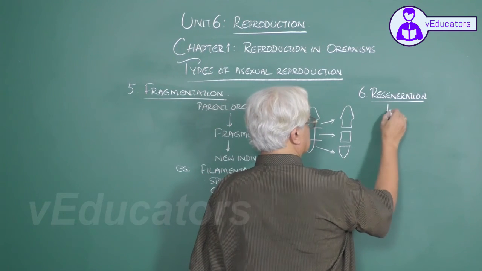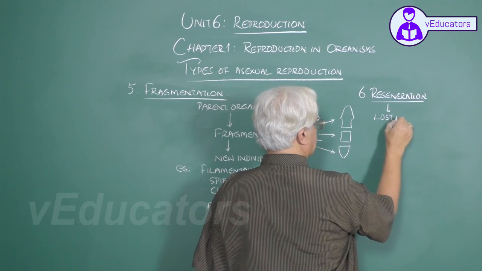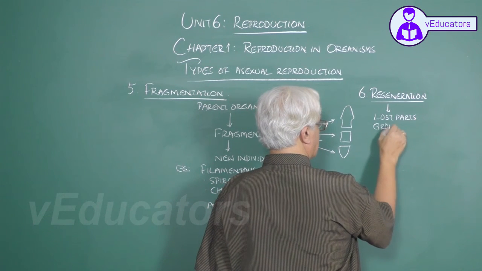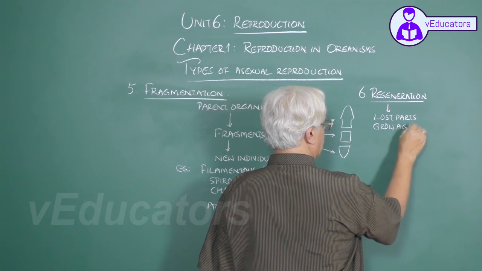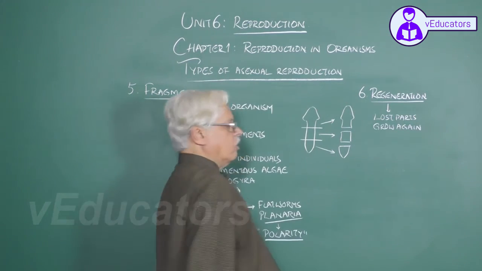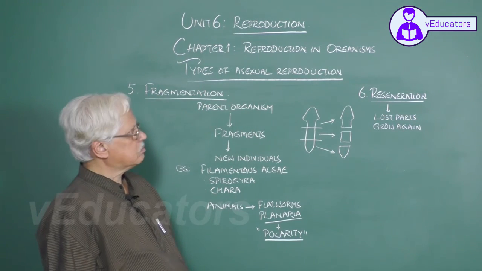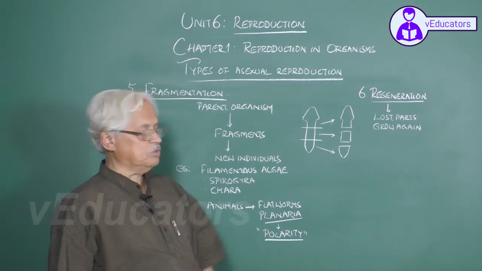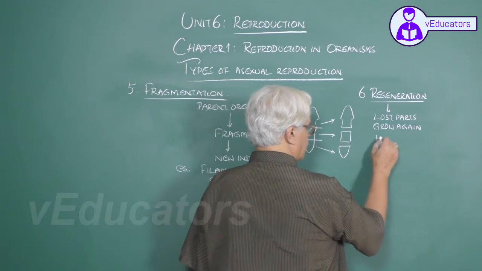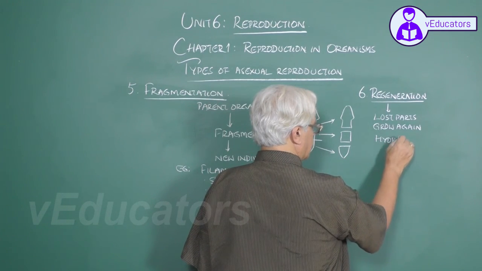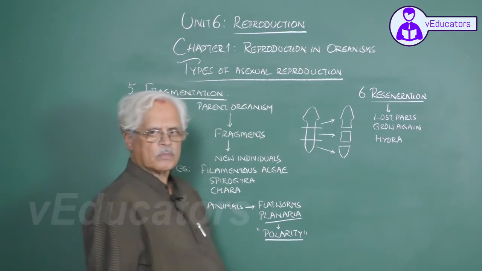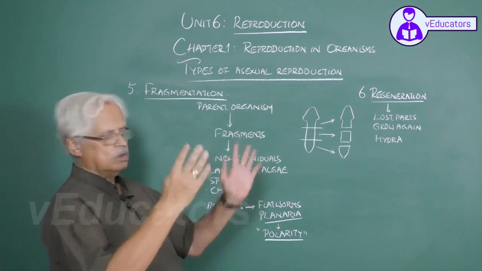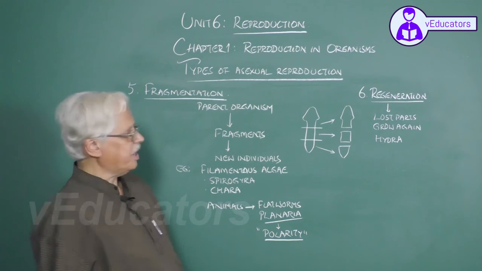So the lost parts of the body grow again. Many a times, regeneration may result in the formation of new individuals. For example, in hydra, if a hydra is cut into 2 or 3 pieces, each piece can develop into a new hydra.